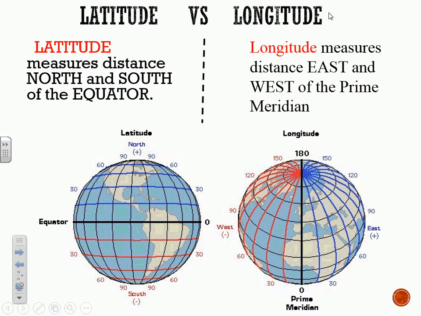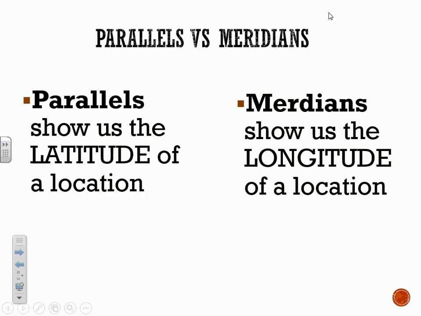Latitude lines are called parallels. When you're hearing someone talk about parallels on the Earth, they're talking about the lines of latitude. And meridians are the longitude lines. If you think about the prime meridian, it's the main meridian.